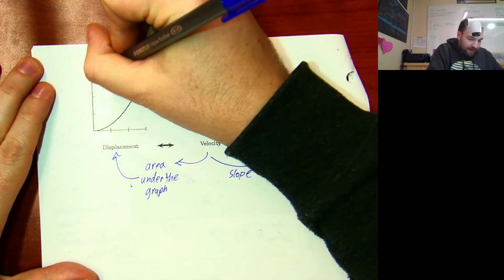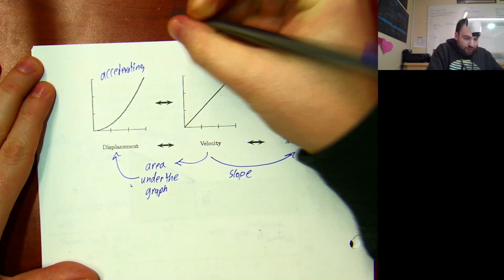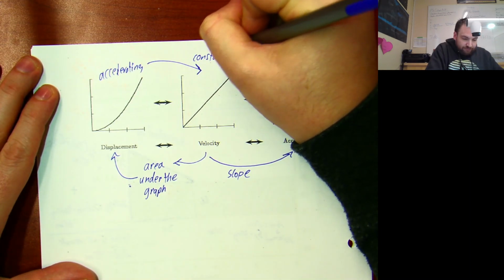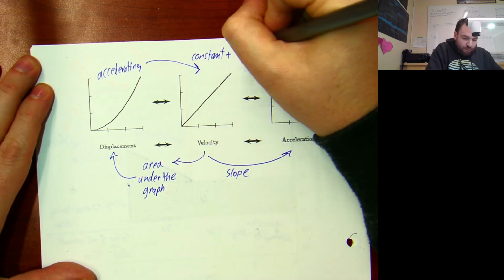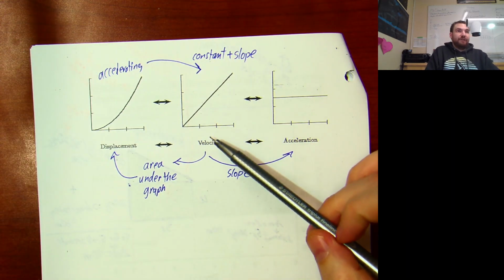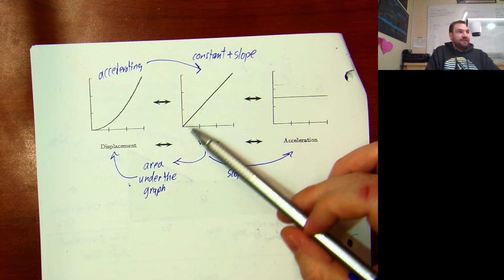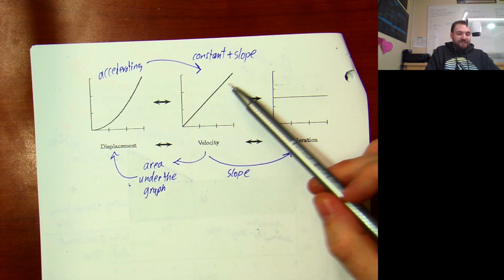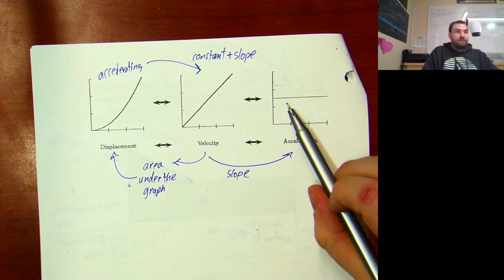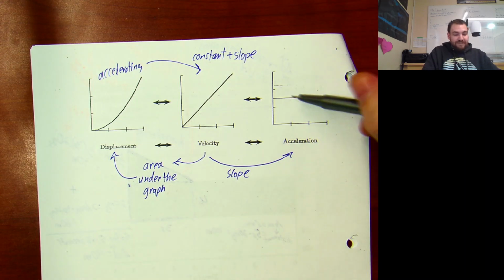This thing is accelerating, which means I have a constant positive slope. So then I could theoretically graph my acceleration. Well, this is just going to be a constant value, yes? So the graph of a constant value is just going to be a straight flat line on an acceleration time graph.